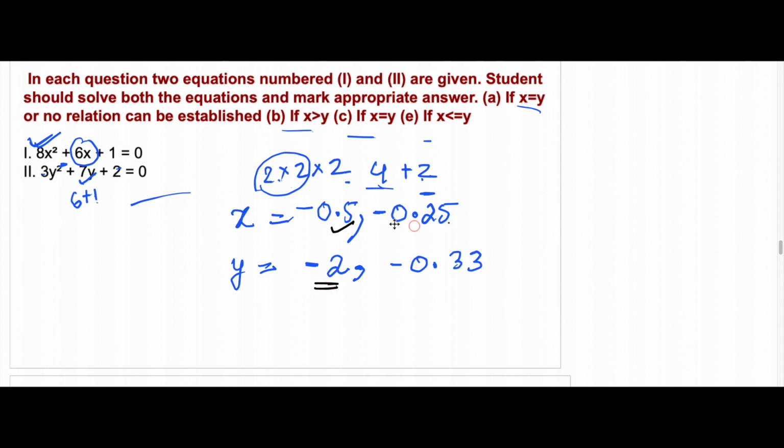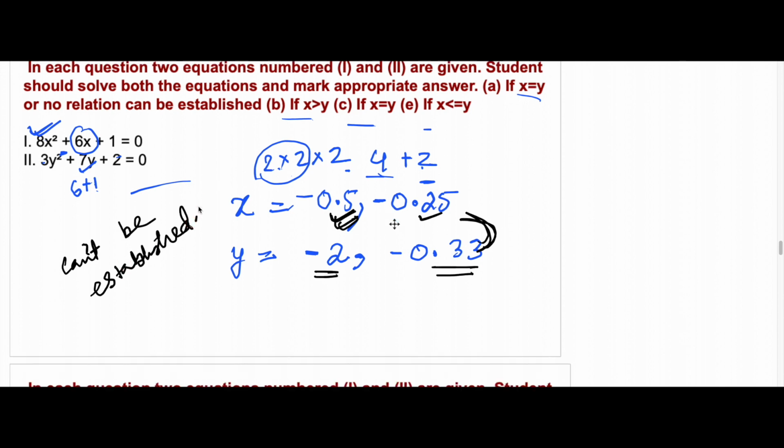Minus 2 is less than minus 0.5 and minus 0.25, and minus 0.33 is less than minus 0.25 but greater than minus 0.5. This means that relationship cannot be established. No relation, okay?